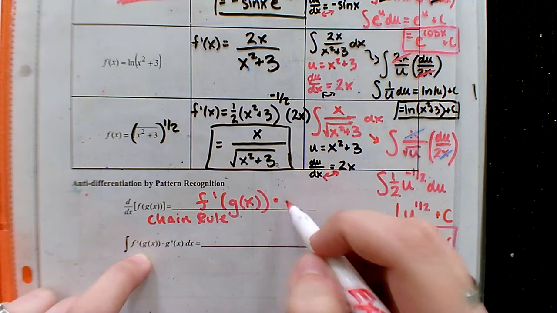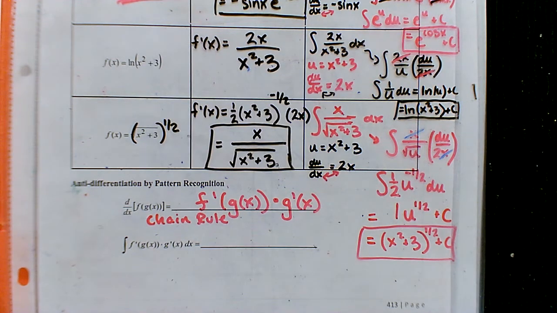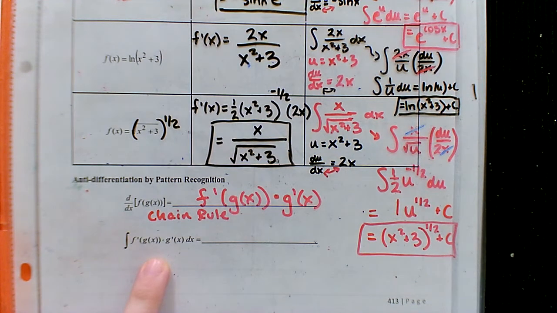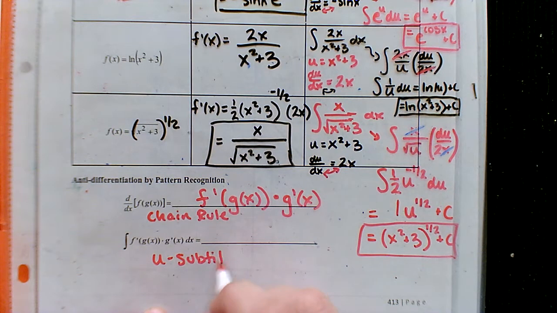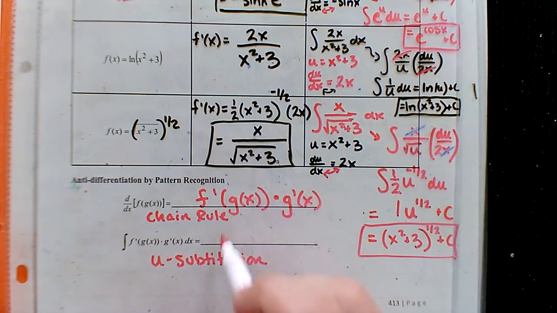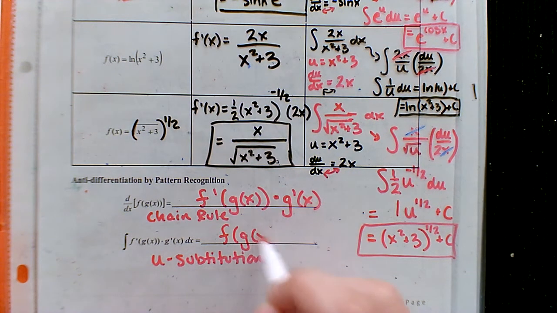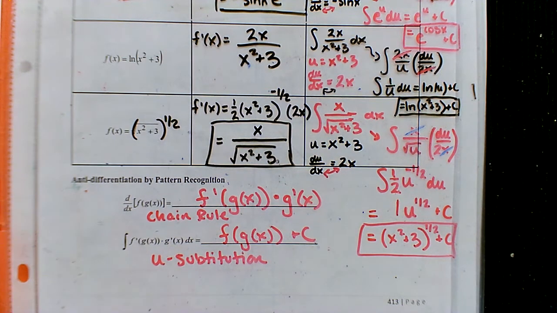And then we would multiply by the derivative of the inside, which would be g prime. But if we want to work backwards from that chain rule, we're going to utilize u substitution. This whole u equals, du over dx equals, and in the end we know we should get that original function back, f of g of x. Don't forget the plus c if you don't know the bounds.